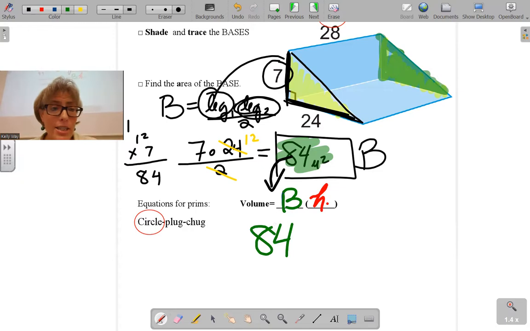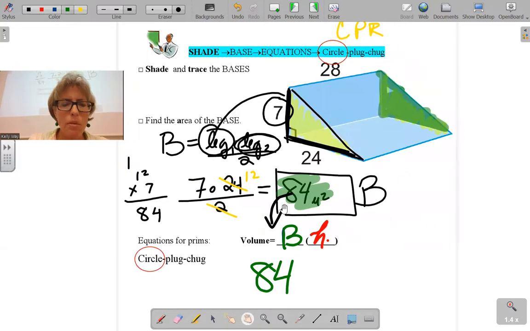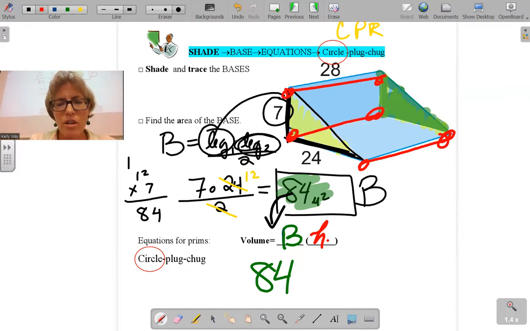84. Height is the distance between the bases. So the most common mistake here students make is they assume vertical means height. That is not the height there. Your height is going to be any one of these edges, because any one of these edges is the distance between the bases.